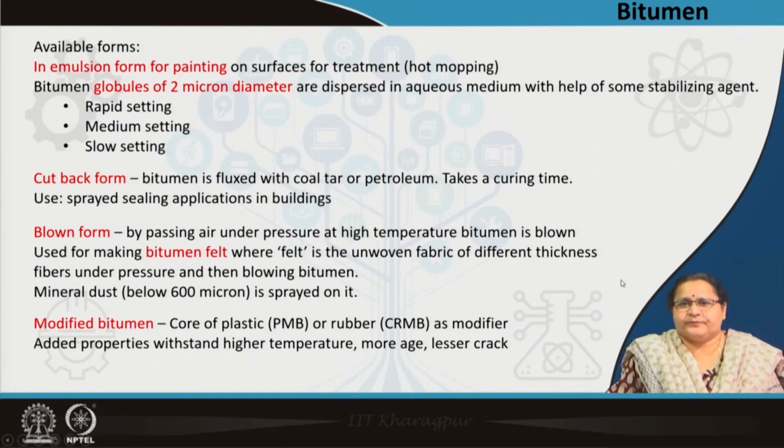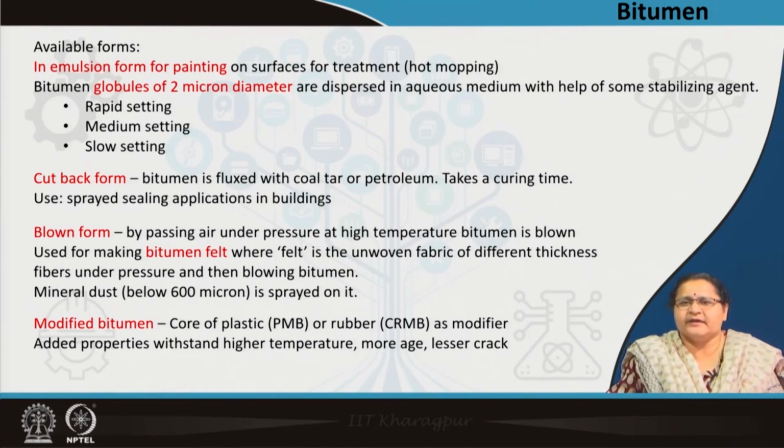Modified bitumen. When you put plastic as the modifier, it is called plastic modified bitumen. When it is crumbled rubber, it is called CRMB or crumbled rubber modified bitumen. So, this crumbled rubber or plastic is the modifier. What is it modifying?